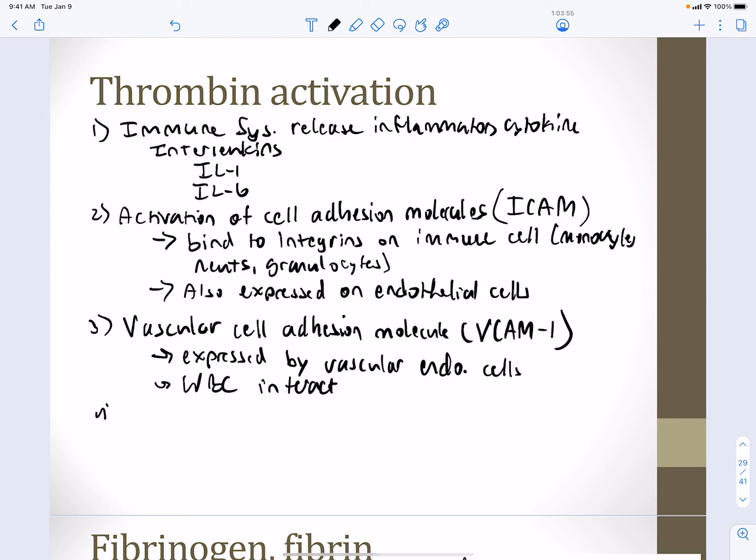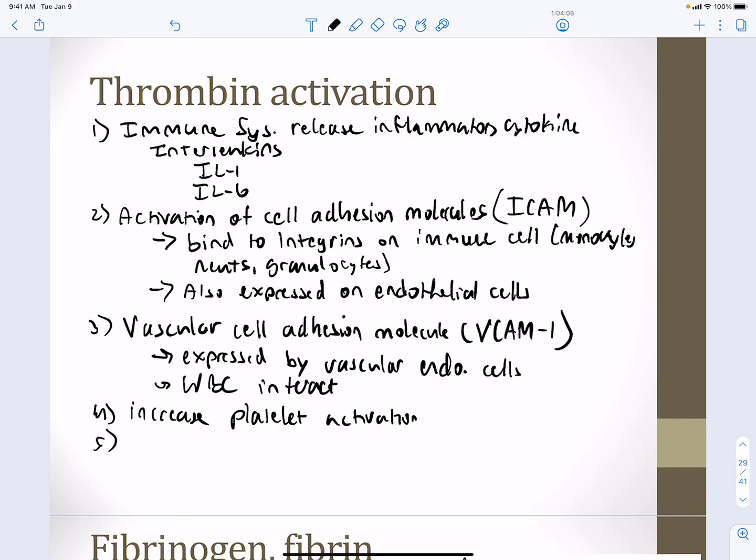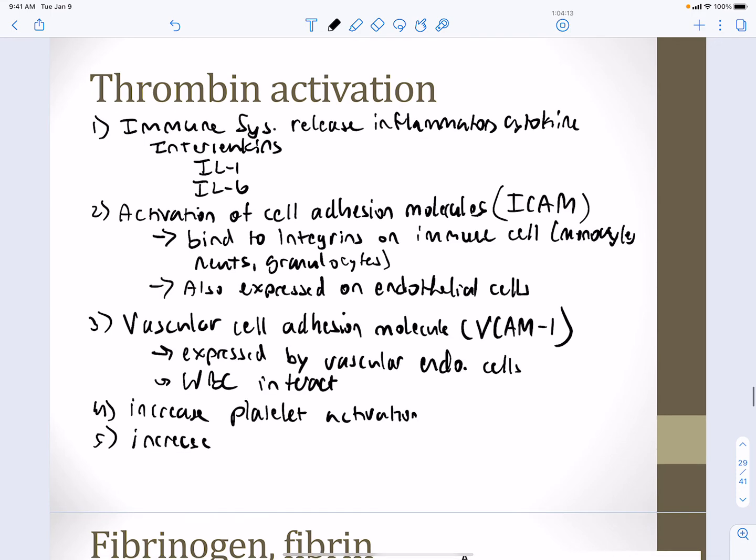It also is going to increase platelet activation. It is also going to increase white blood cell or leukocyte adhesion by all these ICAMs, VCAMs. And you're going to activate what's called thrombin activated fibrinolysis inhibitor, so you can modulate this whole process.